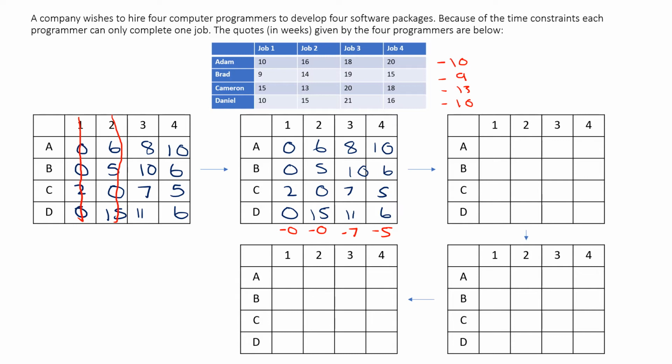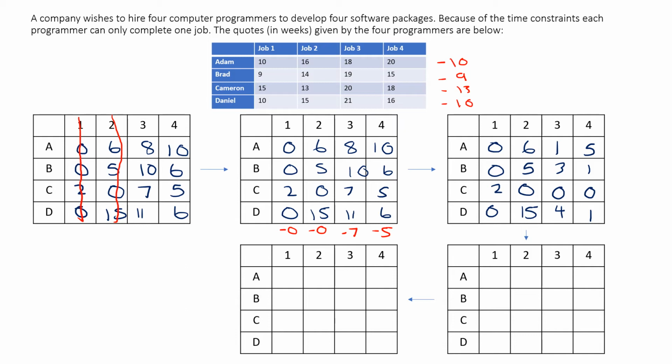So there are no changes in the first 2 columns, they were both subtracted by 0. In the third column, we're subtracting everything by 7. And in the fourth, we're subtracting everything by 5, which brings us to this.